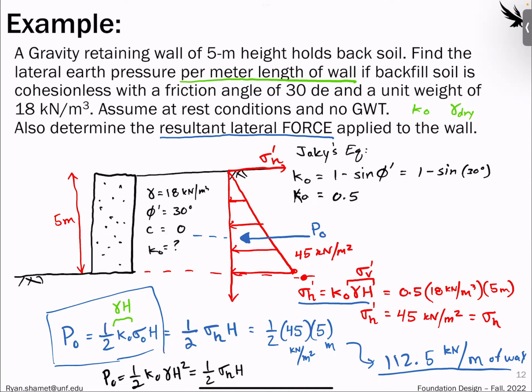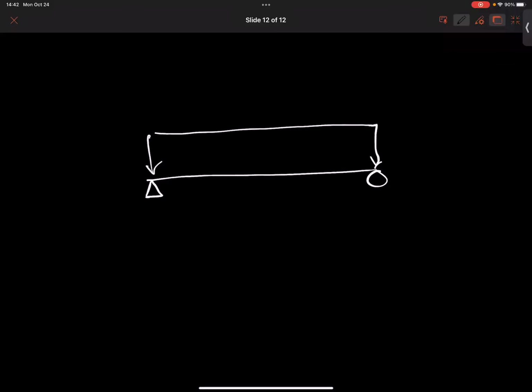The Q naught in those examples, that was when there was a surface discharge. So that's only when there's a loading at the surface. Oh, P naught, sorry. P naught, this is the resultant force. So this is a stress profile. So just like if we were doing a beam, and we had a distributed load acting on this beam.